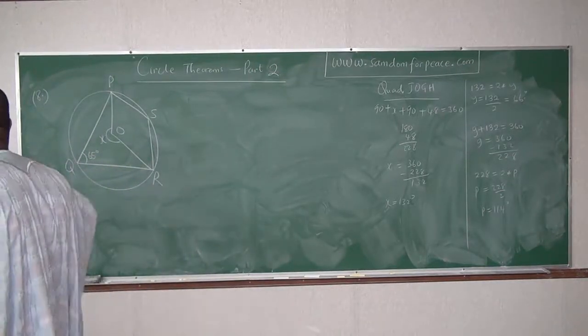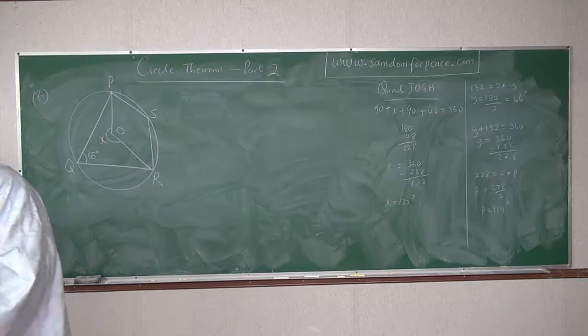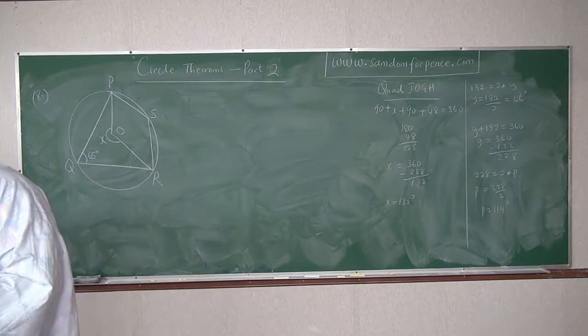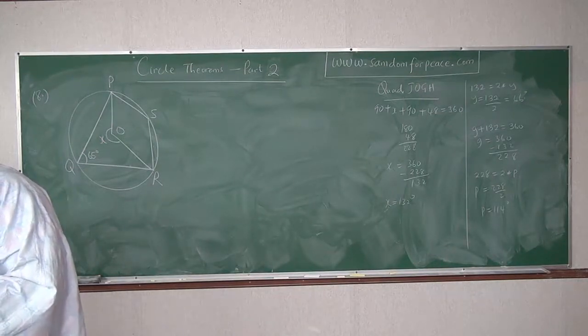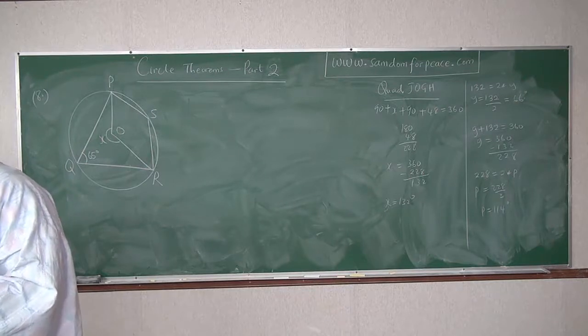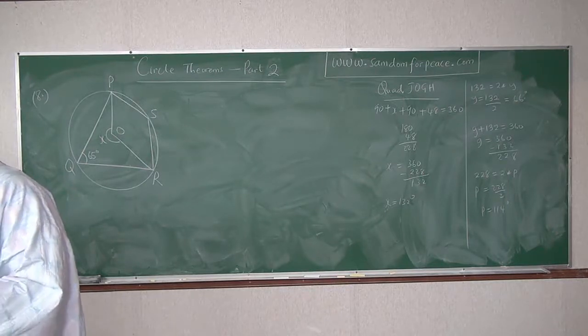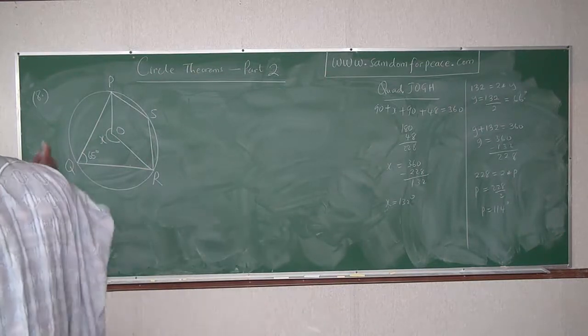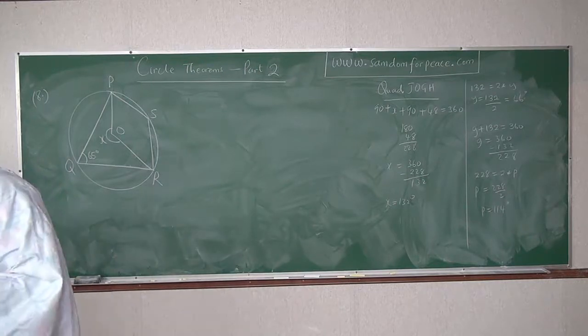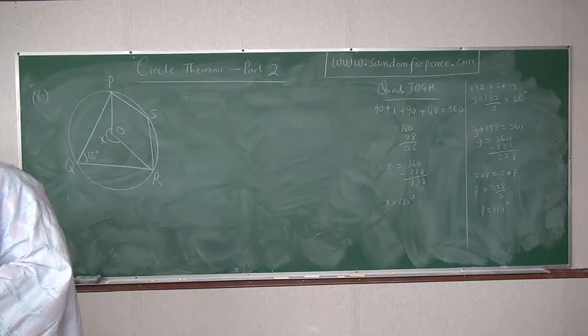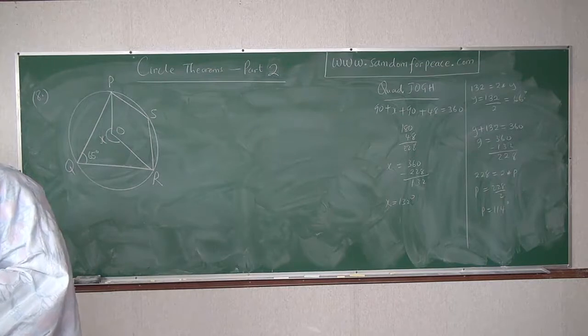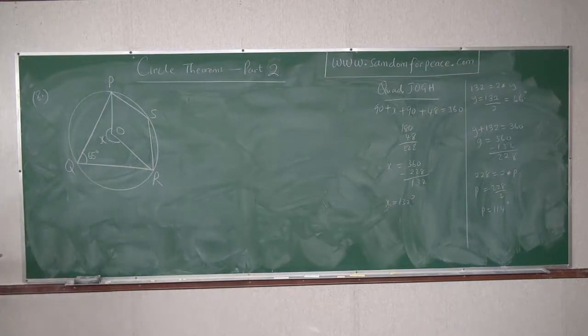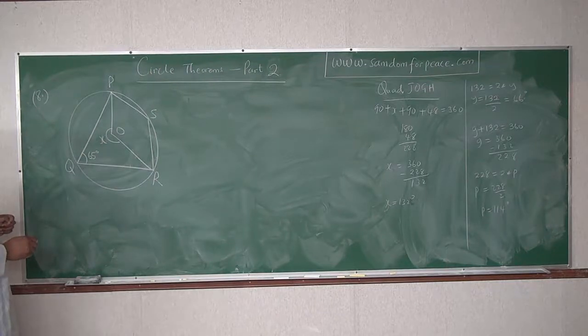Alright, so this X, it says in the diagram, O is the center of the circle PQRS, and angle PQR is 65 degrees. Find the value of the angle X. This is straightforward.